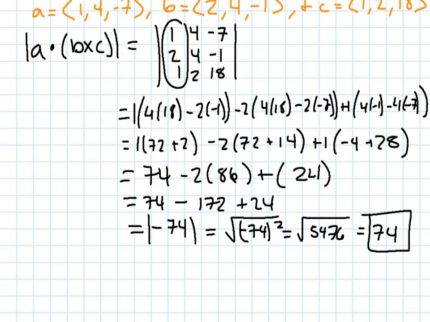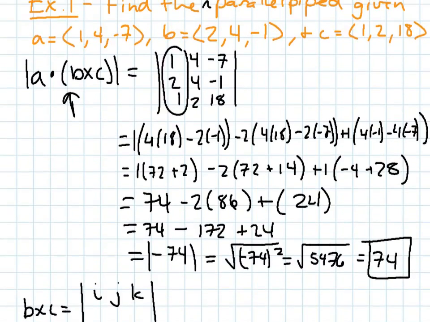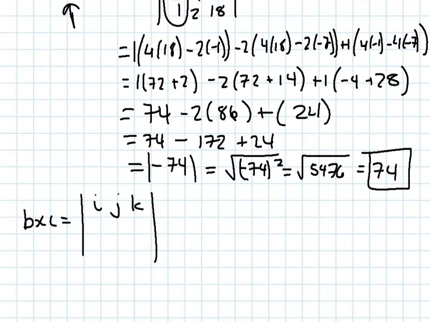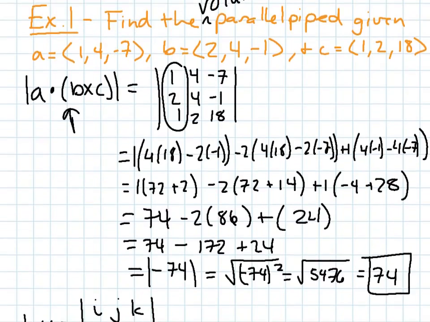Now if I did it the other way, using my vectors, first I take the cross product of B and C, so that involves i, j, k, and then I have 2, 4, negative 1, and then 1, 2, 18. Just check to make sure.